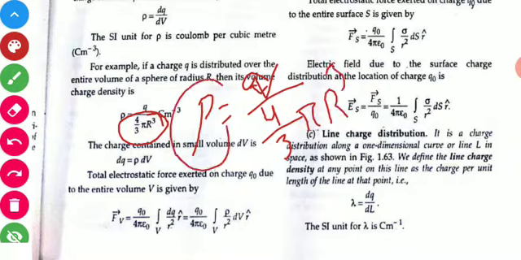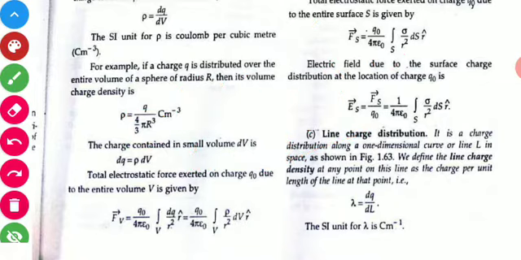We know that rho is equal to charge upon volume. So charge is q, which is distributed over the sphere, and the volume of the sphere is 4 by 3 pi r cube. So in this way we calculate the rho for a sphere which has the q charge distributed over the entire volume.